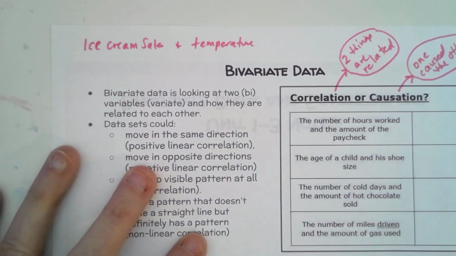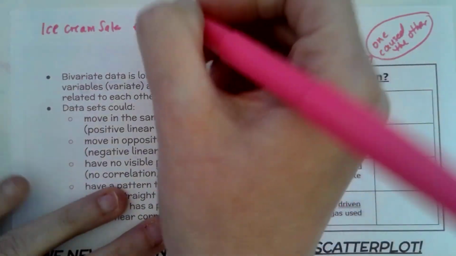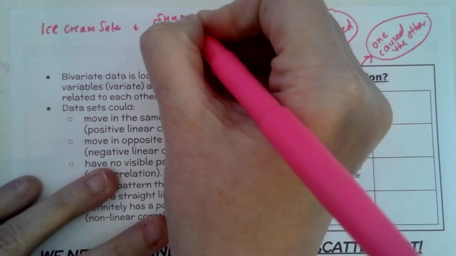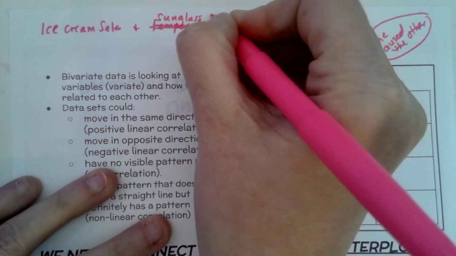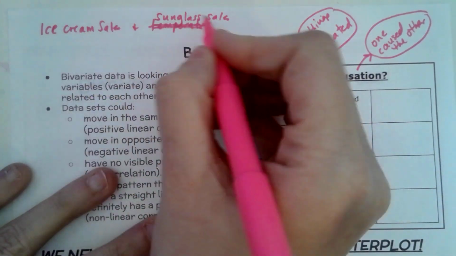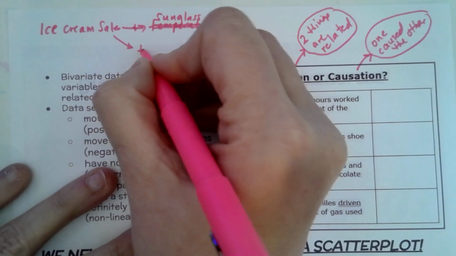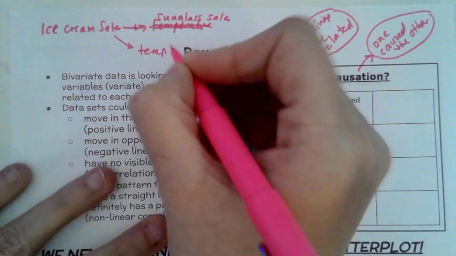Oh no, it wasn't ice cream sales and temperature. I'm sorry, you guys. I'm relearning this as I go. It was ice cream sales and sunglass sales. But we can actually compare the two. So let's say we have ice cream sales and sunglass sales, and then let's say we're also comparing ice cream sales and temperature.